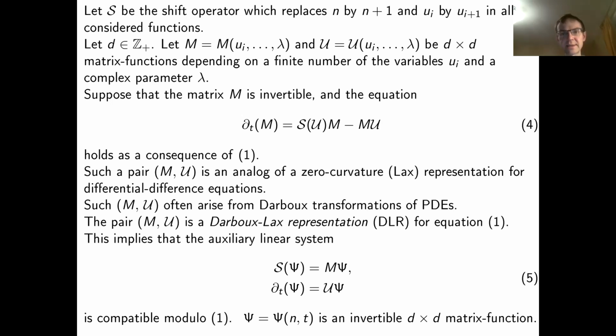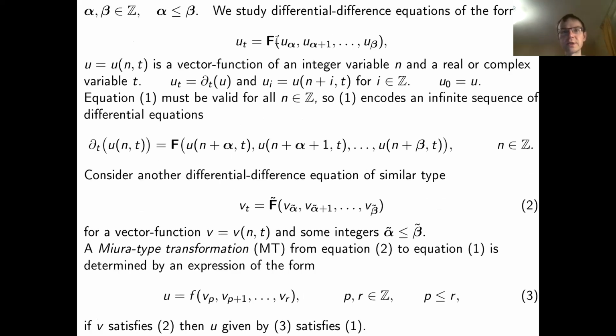Here, one also has an auxiliary linear system of this form where psi is an invertible matrix function. So you see that the differentiation with respect to x is replaced by the action of this shift operator S. And it is required that this overdetermined linear system for the matrix valued function psi is compatible modulo the initial equation (1).